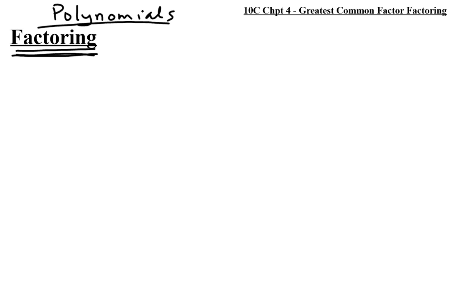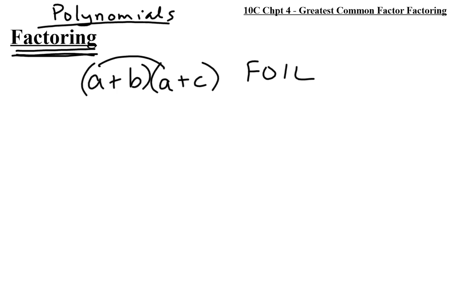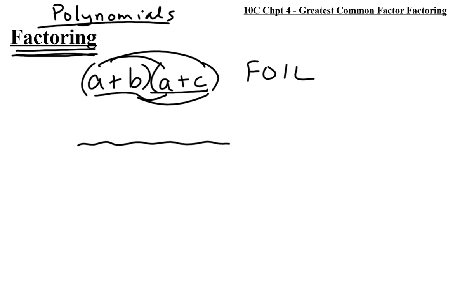And factoring, where we have been taking polynomials of some size, and we have been doing things like FOIL, which takes multiple factors and creates one big term. We've been putting stuff together.